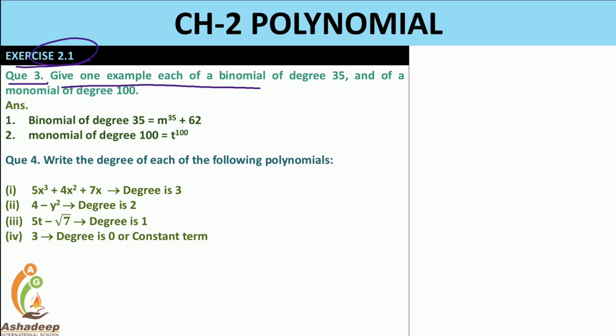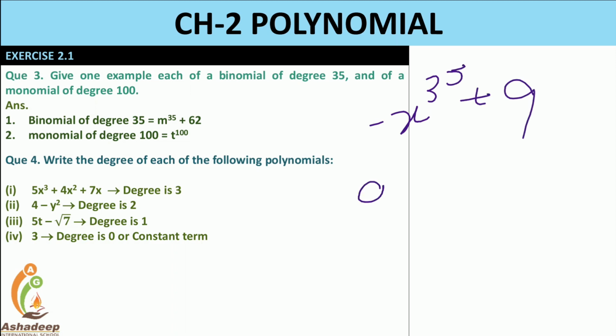Give one example of each of binomial of degree 35 and monomial of degree 100. Binomial of degree 35, so x to the power 35 plus 62. You can write any example, for example, minus x to the power 35 plus 9, or 98 minus 3x to the power 35.